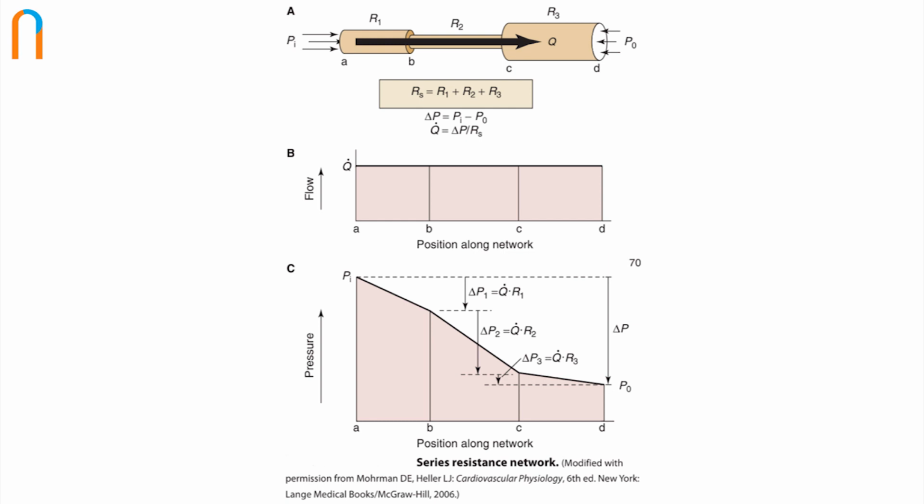When vessels with individual resistances R1, R2, Rn are connected in series, the overall resistance of the network is given by the following formula.